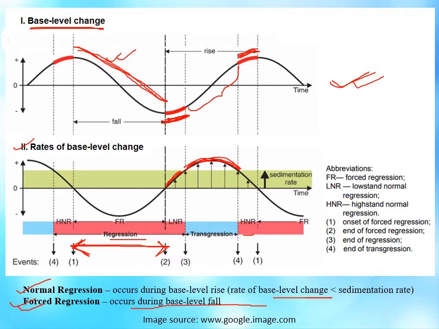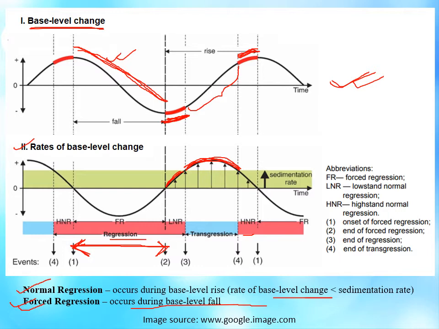So due to this excess, that area will have less water content, or that area suffers regression. So that is called forced regression, where although the sea level is increasing, due to higher sedimentation rate, the area suffers regression.